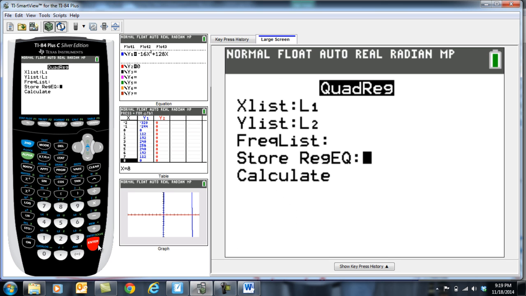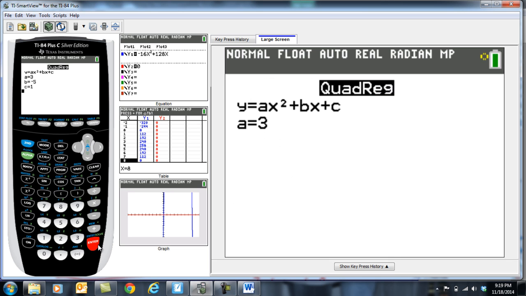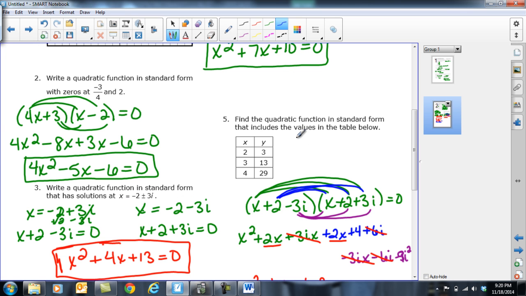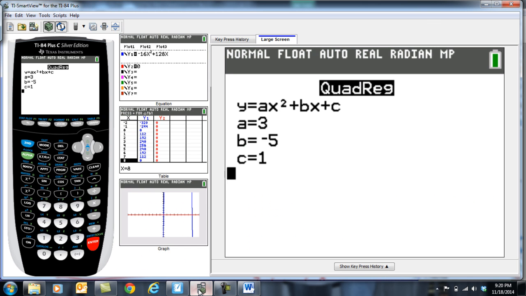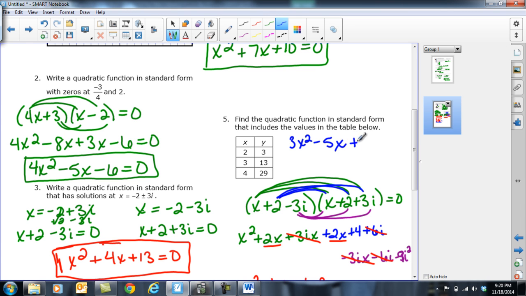Hit enter until it calculates. And so here's what we have. I have a is 3, b is negative 5, and c is 1. So to be in my equation in standard form, it's going to be 3x squared minus 5x plus 1. This is the equation in standard form of the quadratic that makes those values.